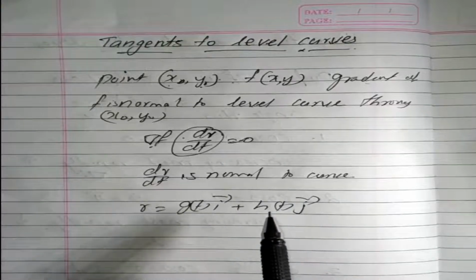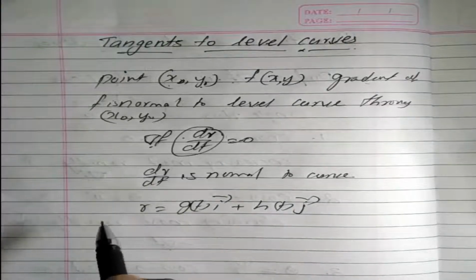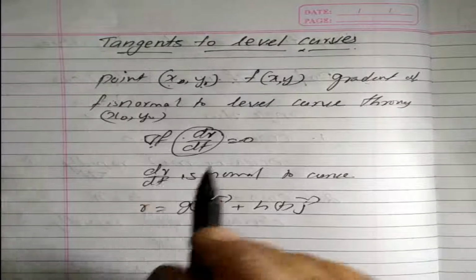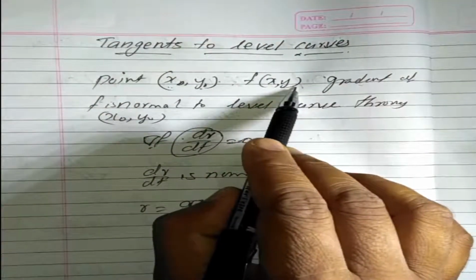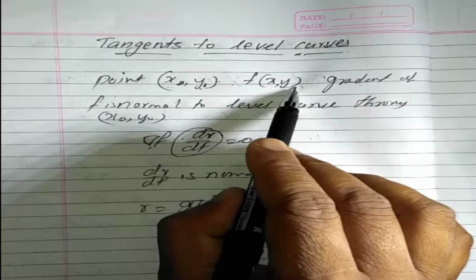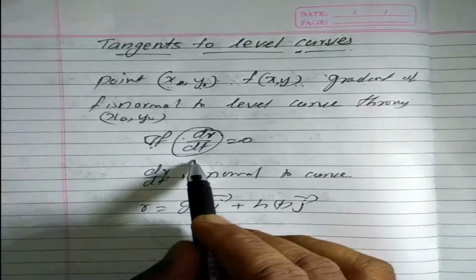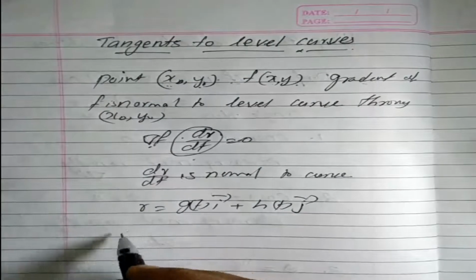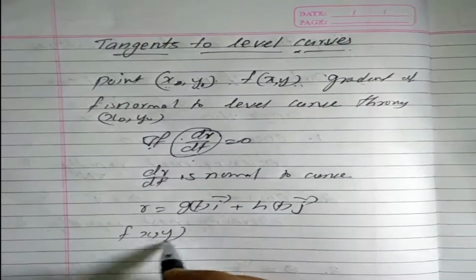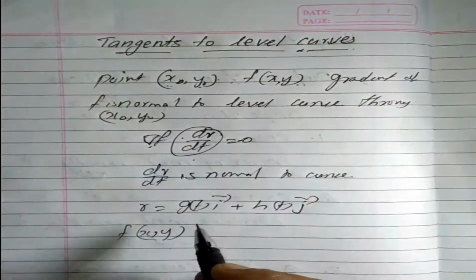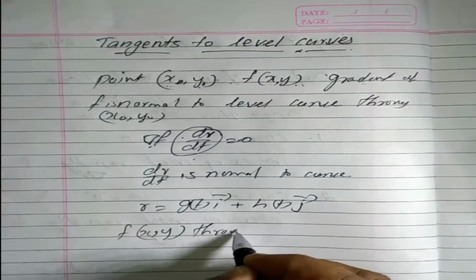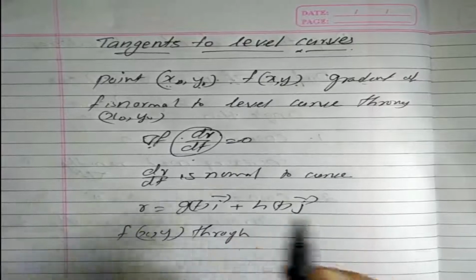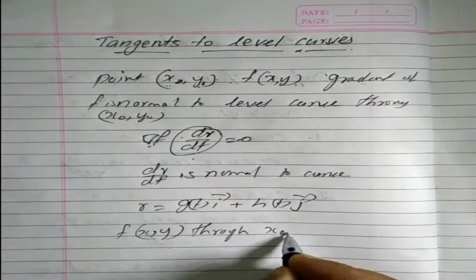Now to the equation. The point x naught y naught is a point in the domain of f, and the point x comma y lies on the level curve f of x comma y through x naught comma y naught.